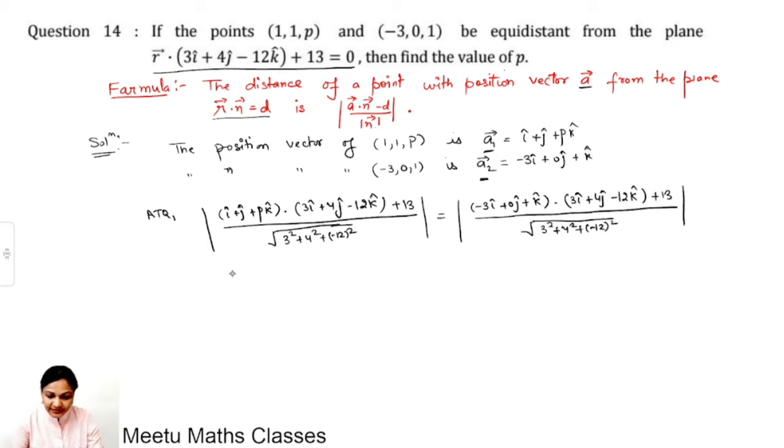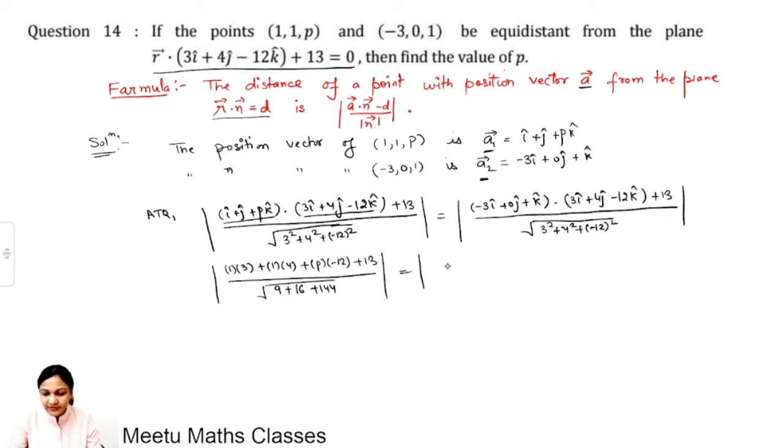Now this will be the dot product. When you take the dot product of both, this will be 1 into 3 plus 1 into 4 plus p into minus 12, plus 13, divided by the square root of 9 plus 16 plus 144.